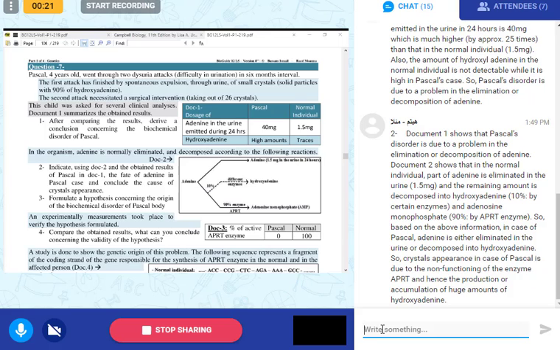So based on the above information, in case of Pascal, adenine is either eliminated in the urine or decomposed into hydroxyadenine. So crystal appearance in case of Pascal is due to the non-functioning of the enzyme APRT and hence the production or accumulation of huge amounts of hydroxyadenine.